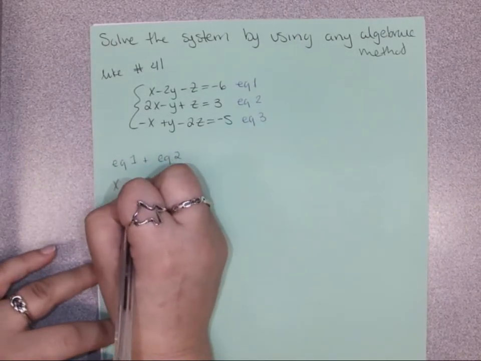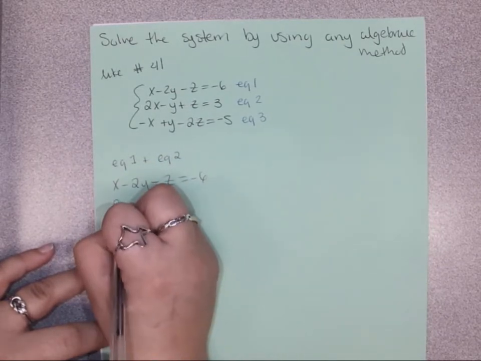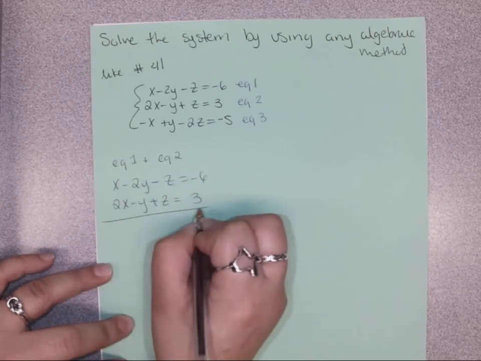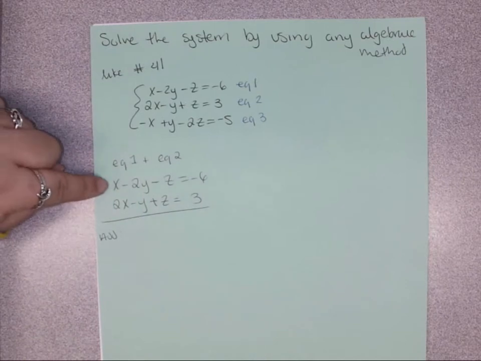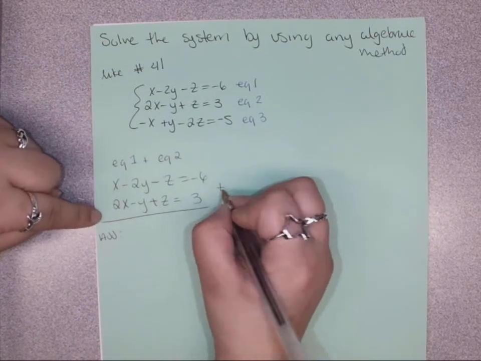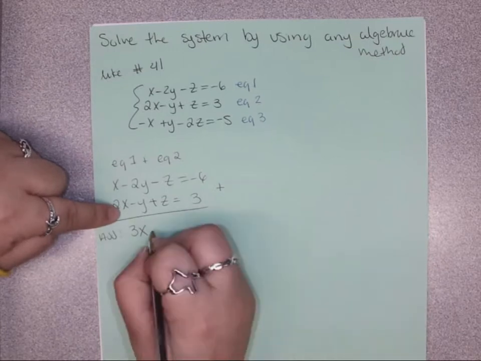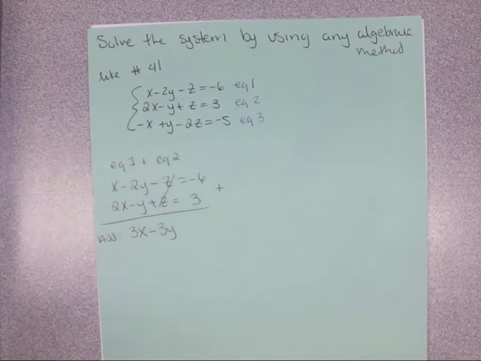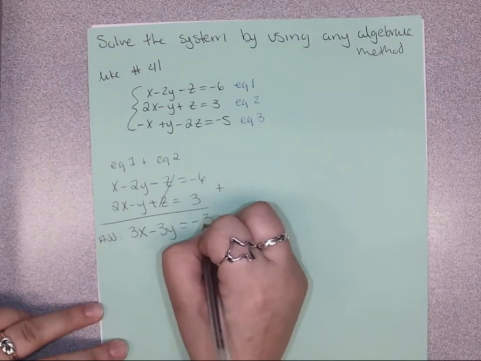We have x minus 2y minus z equals negative 6, and 2x minus y plus z equals 3. Adding them: x plus 2x gives 3x, negative 2y minus y is negative 3y, the z's add up to 0, and negative 6 plus 3 is negative 3.